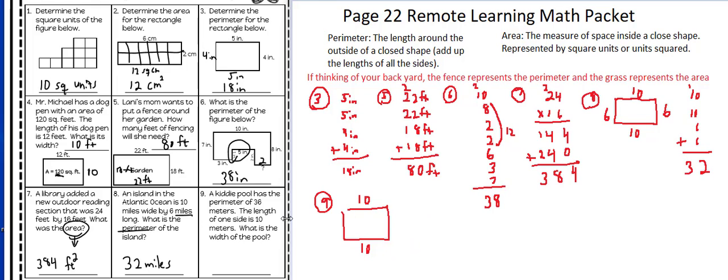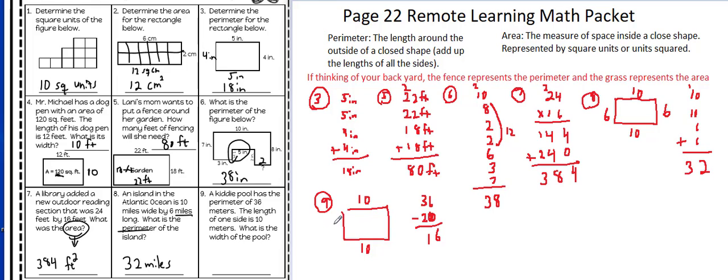Okay, so if my entire perimeter is 36, I'm going to subtract the 20 because I know 20 of it. All right, 6 minus 0 is 6. 3 minus 2 is 1.